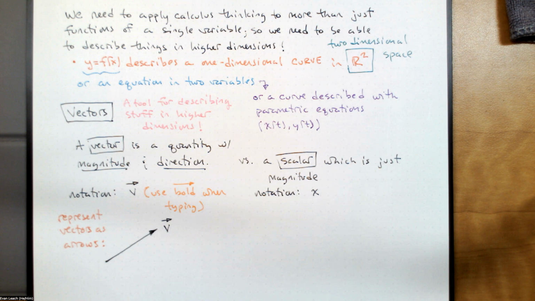The magnitude of the vector is represented with the length, and the direction of the vector is represented with, well, the direction of the vector.